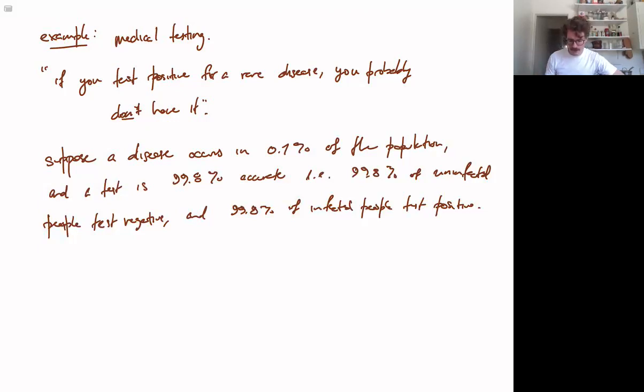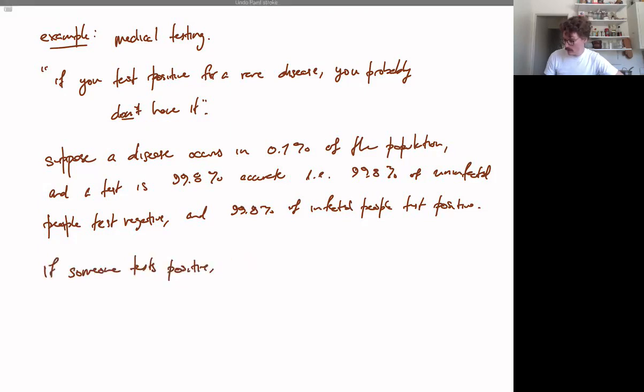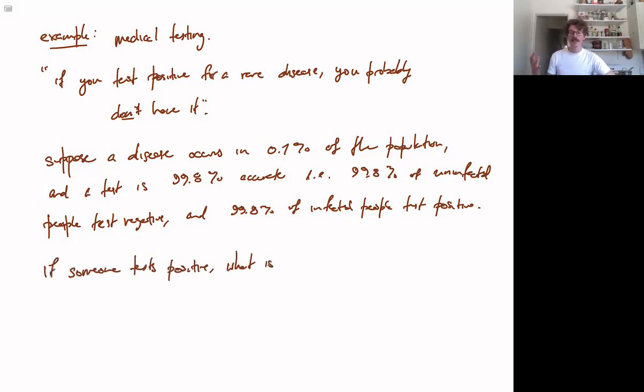And the question is, if someone tests positive, well, what is the probability that they're actually infected with the disease?